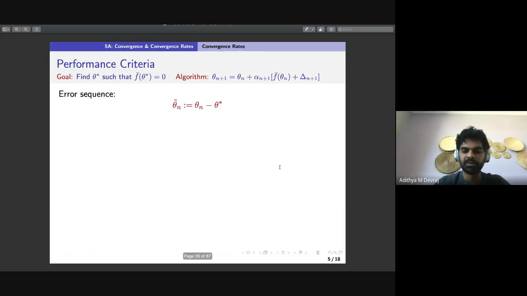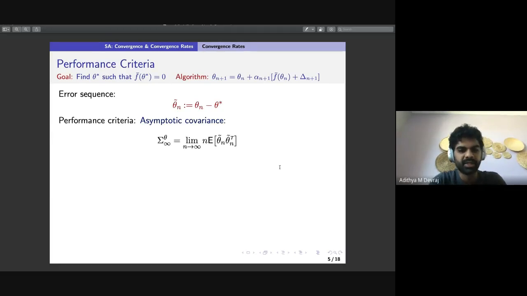But the focus of this talk is not on convergence of reinforcement learning algorithms. It's on the convergence rate. For that, I'll define the performance criteria here. Let's denote theta tilde n to be the error sequence. That is, after n iterations, how far away are we from the optimal parameter vector theta star?